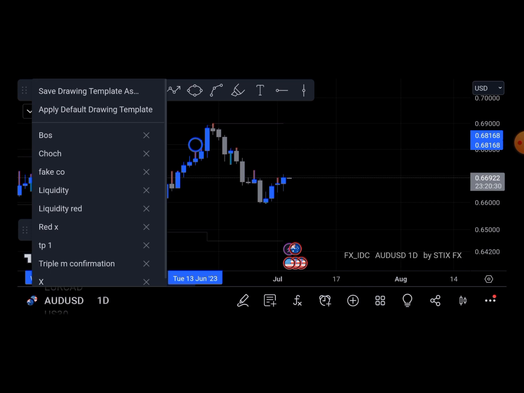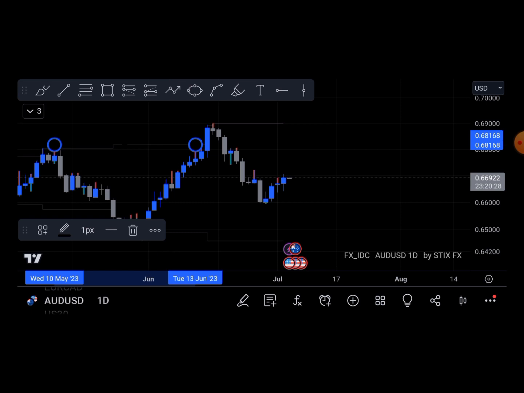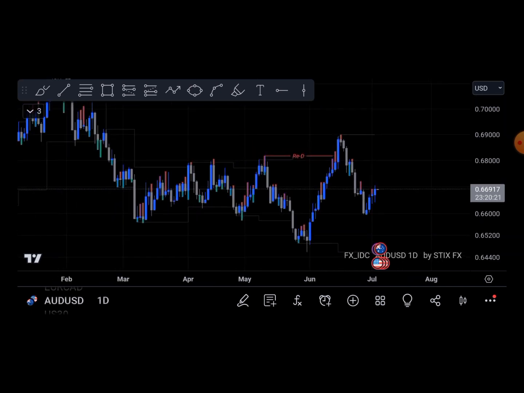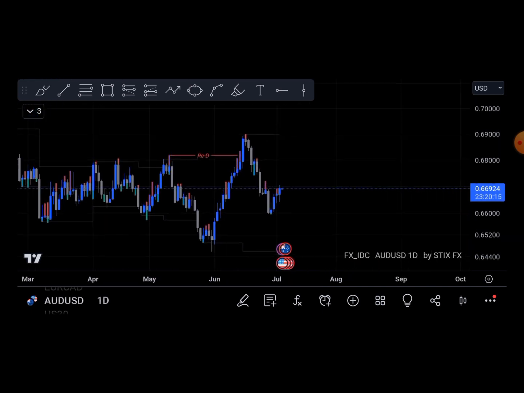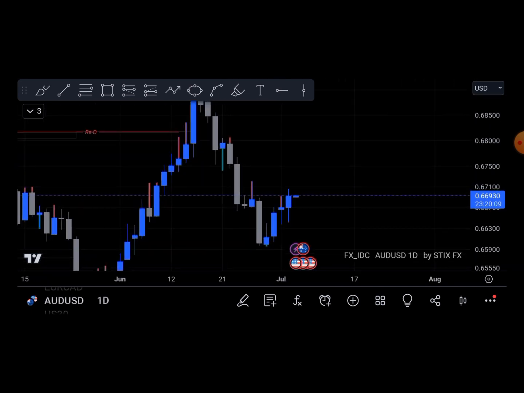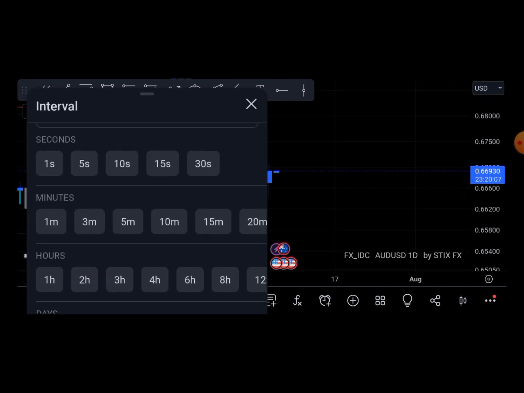So let me choose this redistribution right there. So this is a redistribution model. You understand? You can go and learn Wyckoff if you haven't. It's a quite long and deep concept, you know. But once you actually understand and learn it, you'll see how powerful it is.